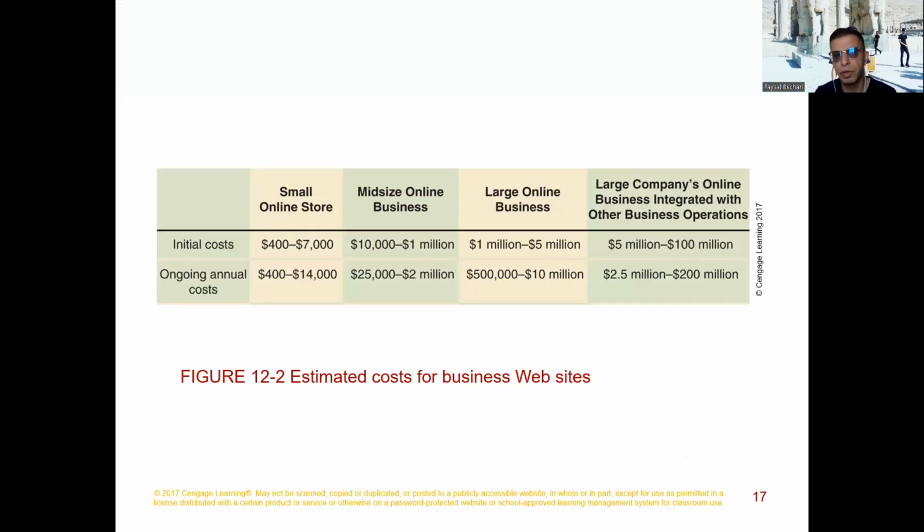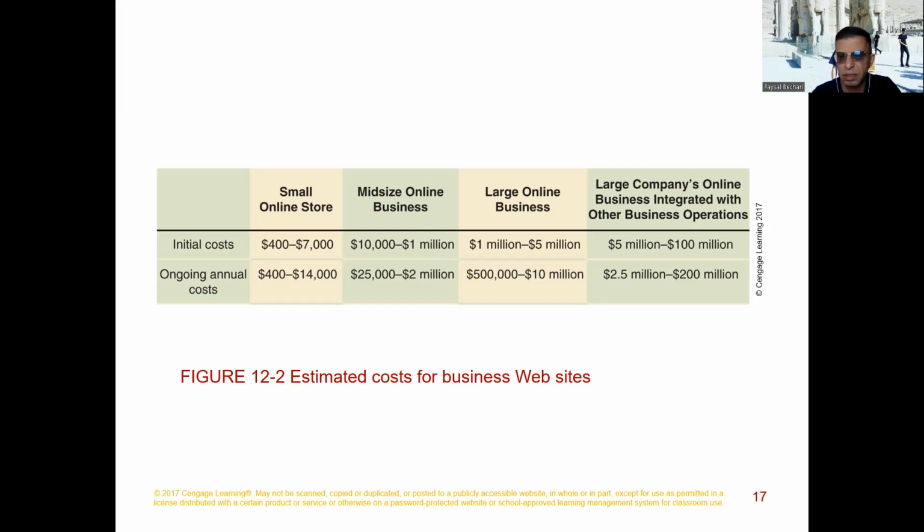This is a brief of how the initial cost and the ongoing costs look. These are benchmarks. Yours might be a little bit higher or lower, but this is the benchmark in the market: between $400 and $7,000 for a small online store, for example, and an ongoing annual cost between $400 and $14,000.